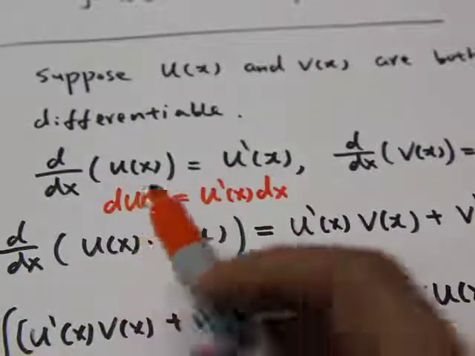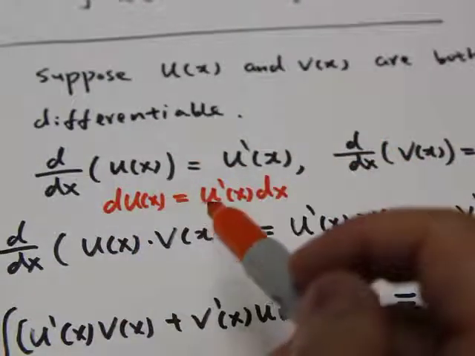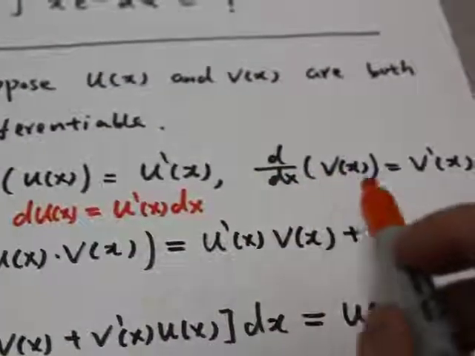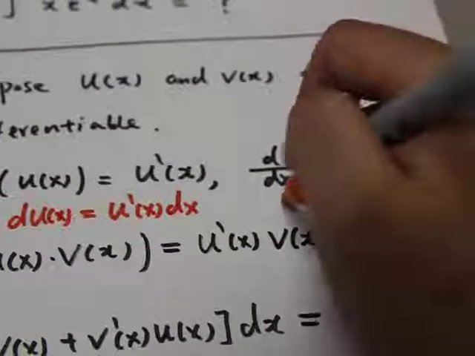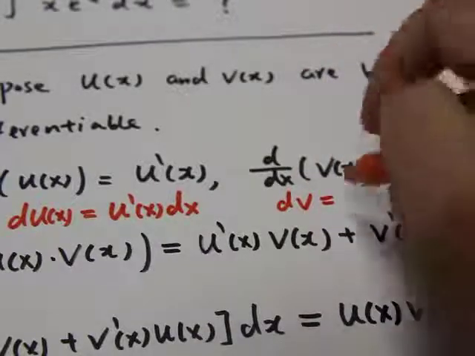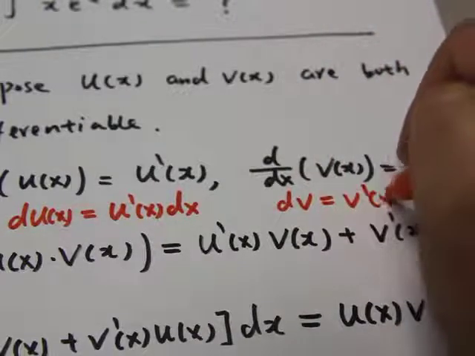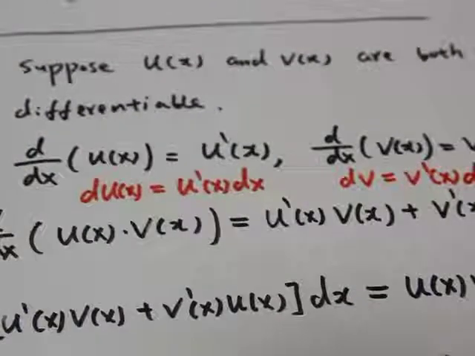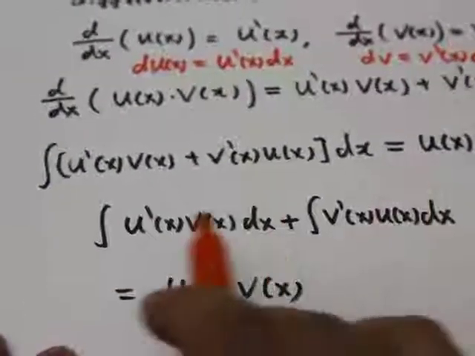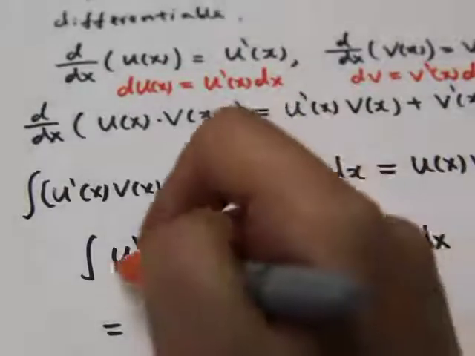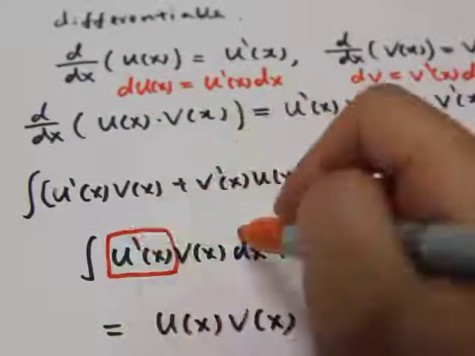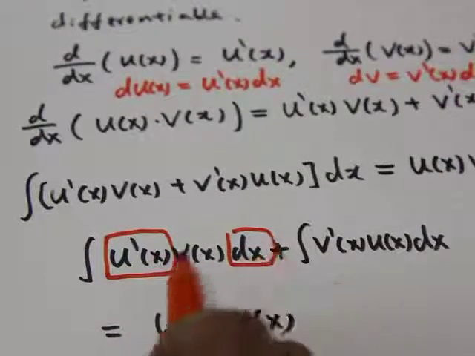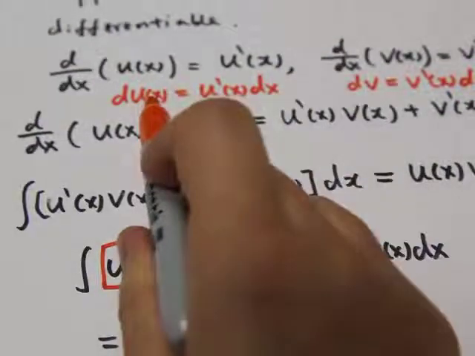Just like what we do when we use substitution. And similarly here, dv we can write as v'(x) times dx, right?